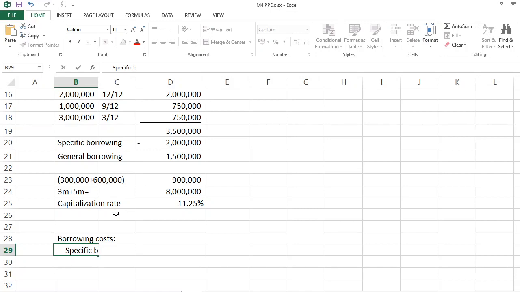Let's begin with the specific borrowing. We're going to compute for the interest expense. That would be 2 million times the 12% rate. And how much is this? It is 240,000, right? But we also have an interest income.